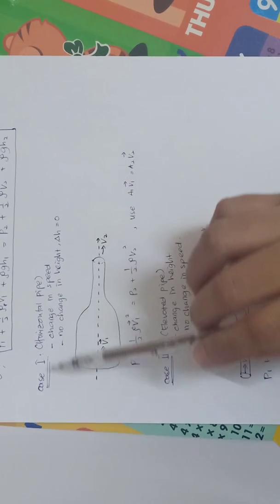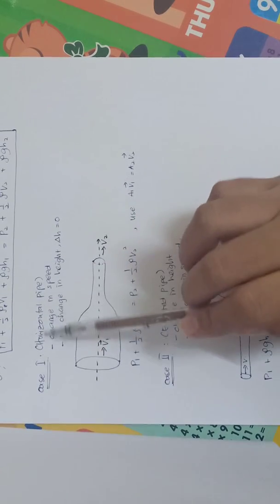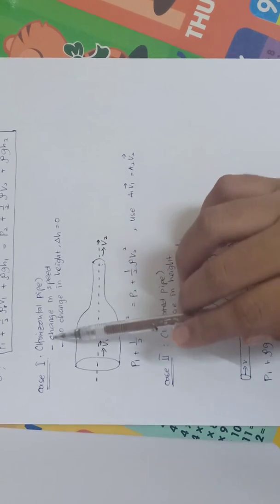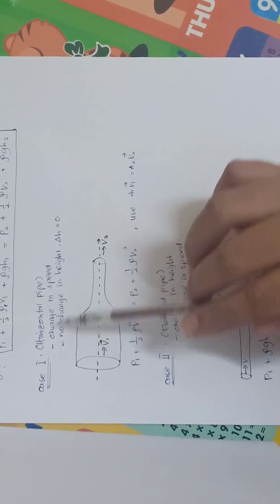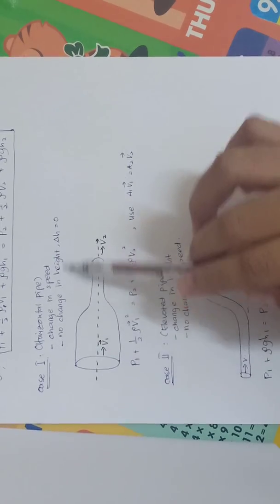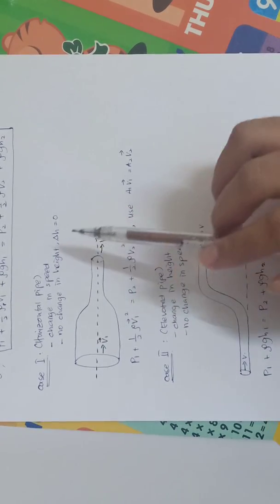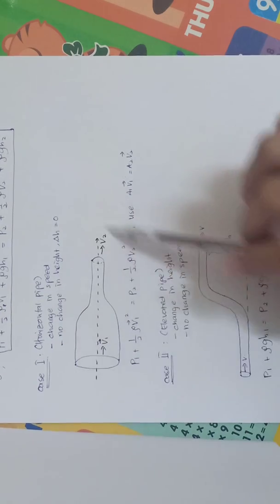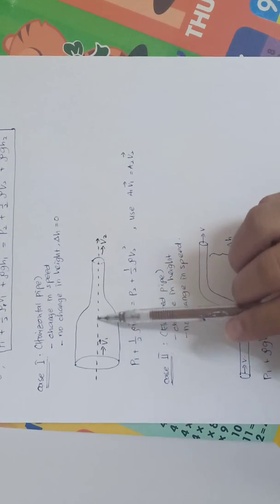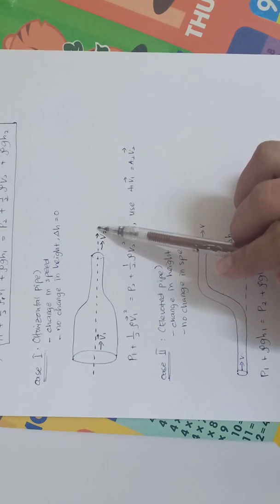The first one, case 1, is where you have a horizontal pipe. In the horizontal pipe you have change in speed but no change in height. This is the reference of the pipe, where the fluid will flow continuously horizontally.